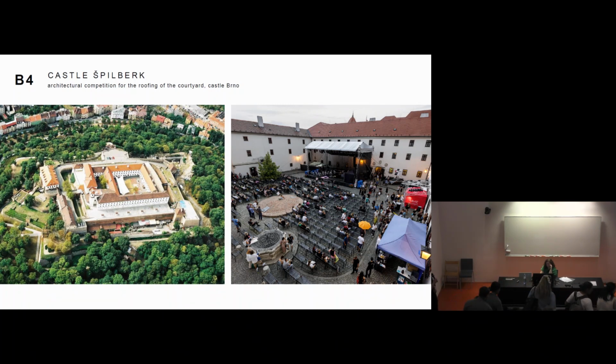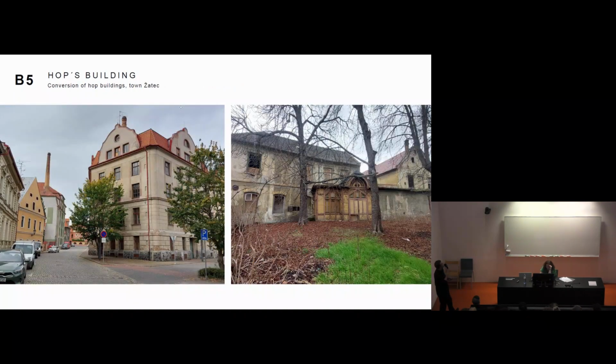Brno is the second biggest city in the Czech Republic, so the castle and a big competition on the roofing of this place. And these are some other topics connected with agriculture and planting and the business with hops in the Žatec region.